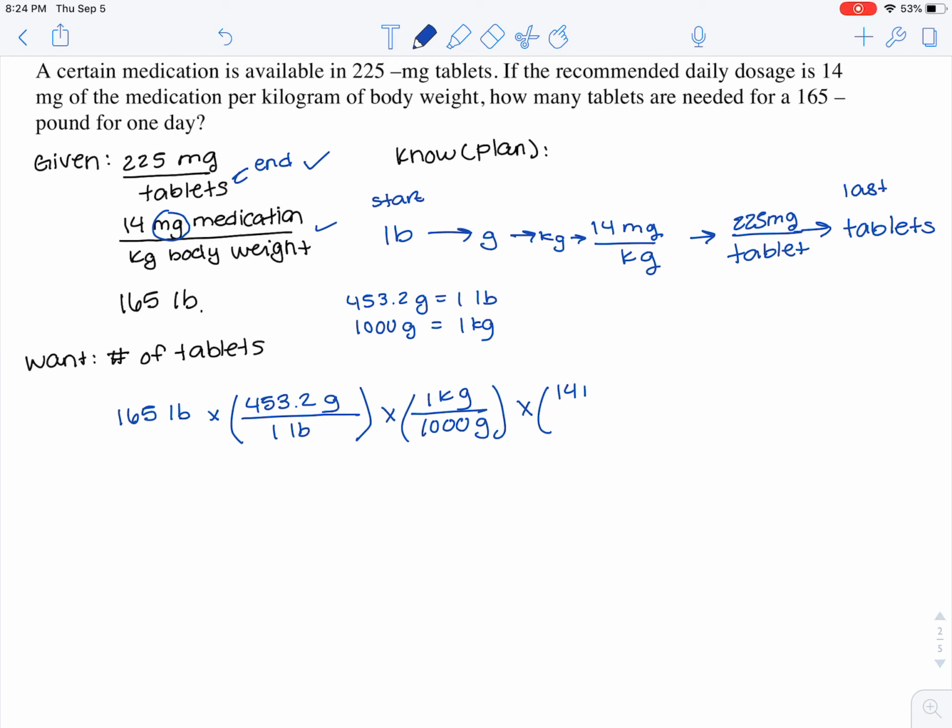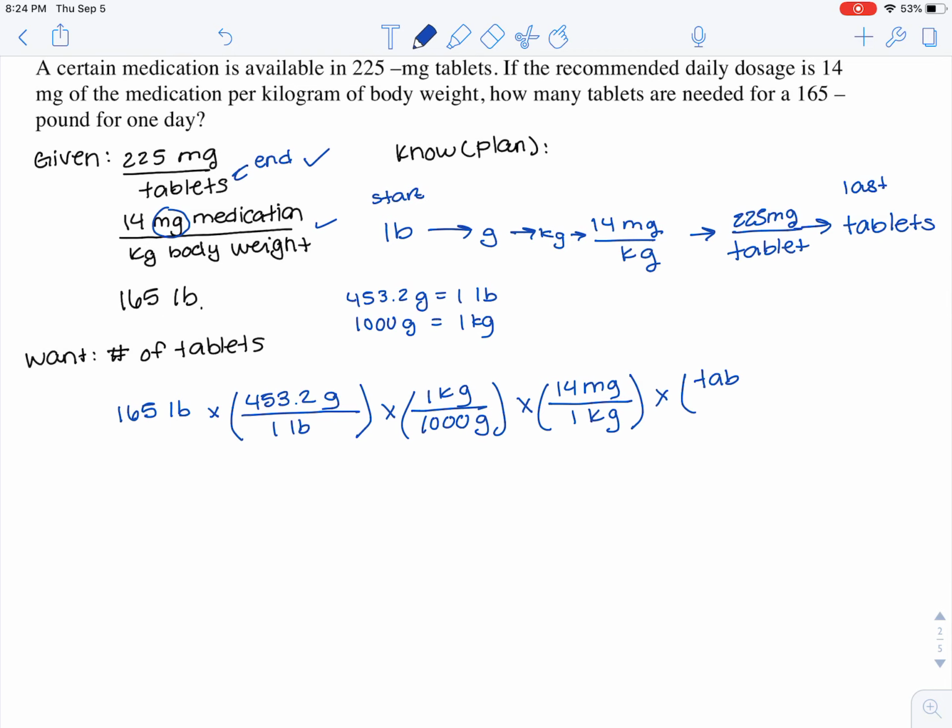Since I want the milligrams, it's going to go on the top. And then my last bit, I want to end with tablets. So tablets is going to go on the top, and 225 milligrams will go on the bottom, because you always want to think diagonal, canceling out what you are trying to get rid of.